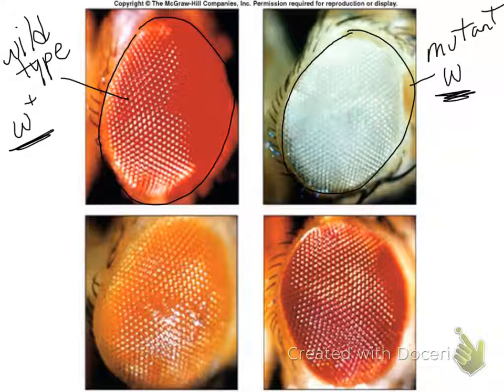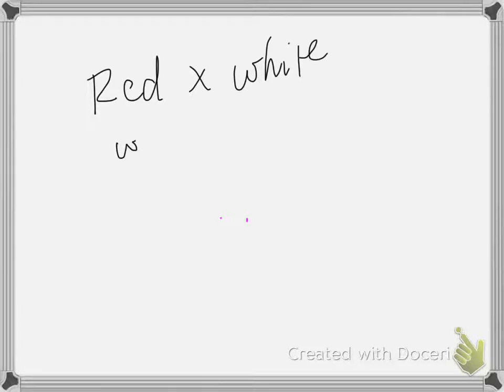So it has the plus sign with it. So, what did he do? He mated them together. Let's get a new slide. So, he did red times white, or W plus by W, and guess what he got?